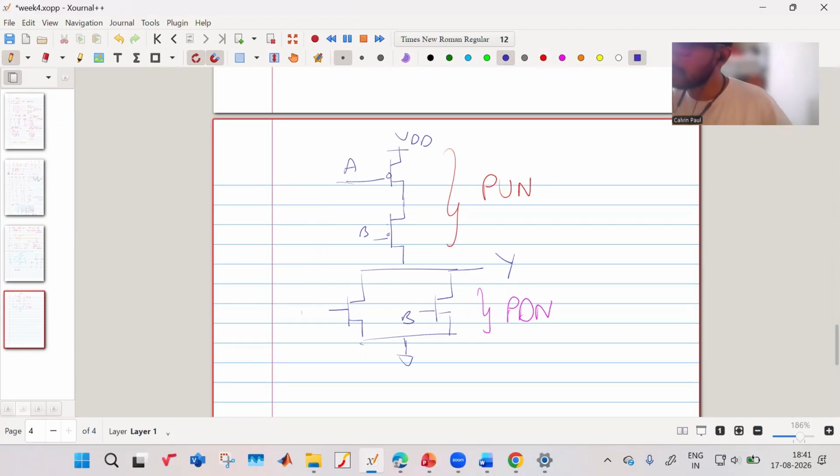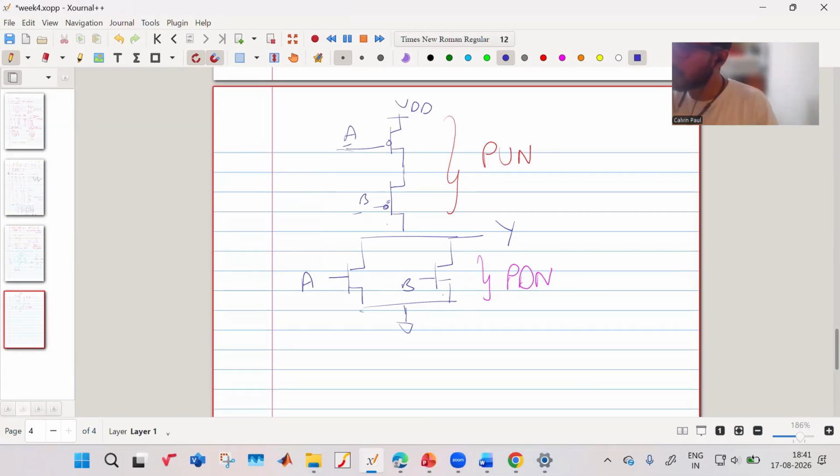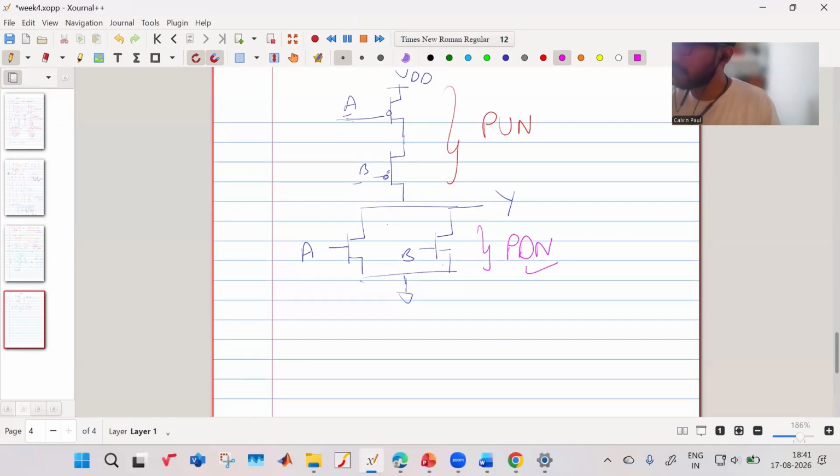This is your A and B. This also is your A and B, okay? These are your PMOS. Now, what is your input to Y? Let us start with the pull-down network. If your A is 1, you just focus on the pull-down network. If your A is 1, what will your output Y be? Will it be 1 or 0? If your A is 1, what is your output Y?